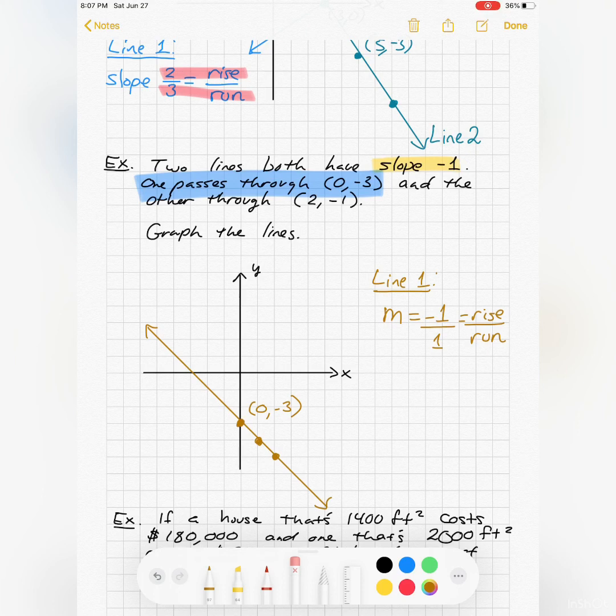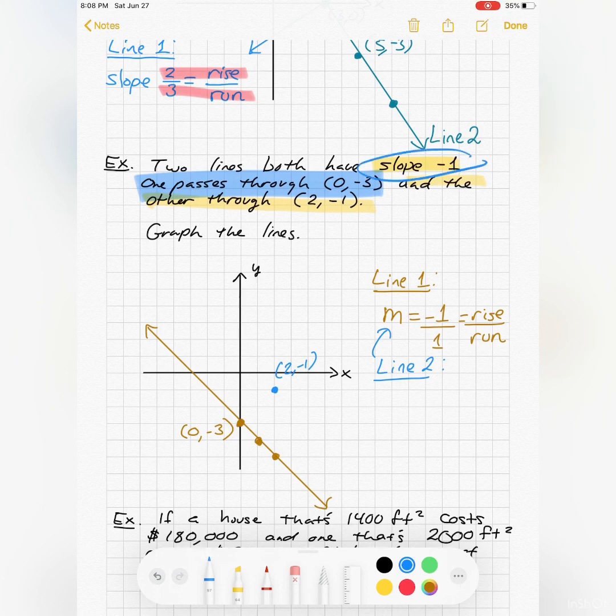Okie dokie. What's the other line? The other goes through (2, -1). Now line 2 has the same slope, right?